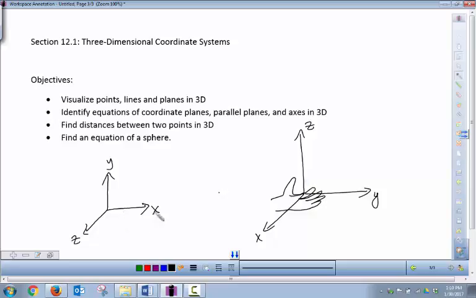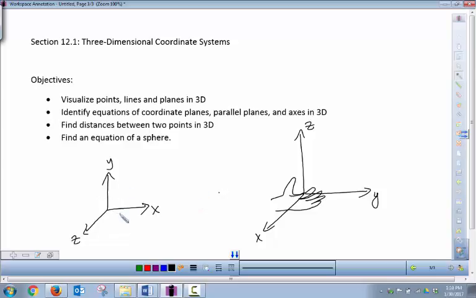So over here, if this was your X, if you were to wrap your right hand going this way, then your thumb has to be pointing down, right? So that's not going to work.